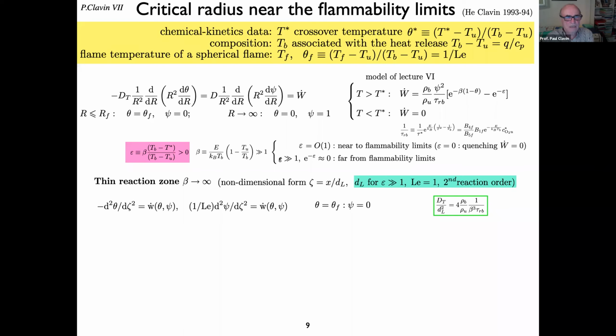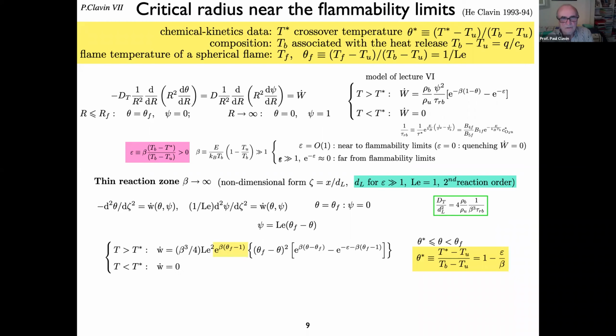Therefore, now you redo the same calculation as before, but now with this epsilon of order unity, which appears here in the reaction rate.